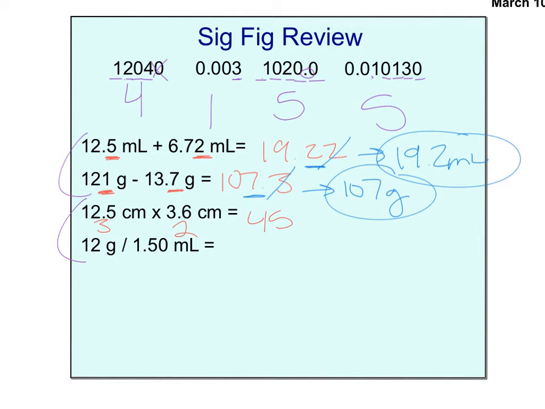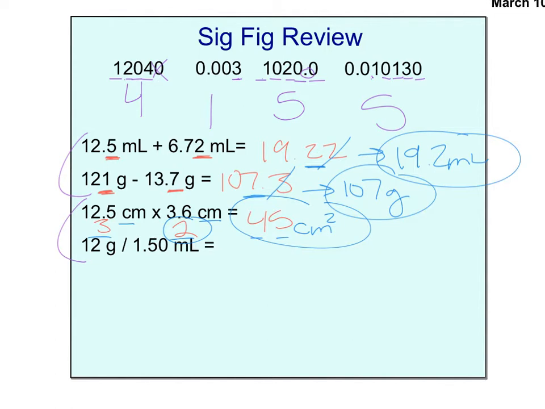Your final answer should have as many sig figs as the one with the least amount. We've got 3 and 2, so 2 wins. Our final answer already has 2 sig figs, so there's nothing to change with this one. And since you've got centimeters times centimeters, you would have centimeters squared as your final answer.